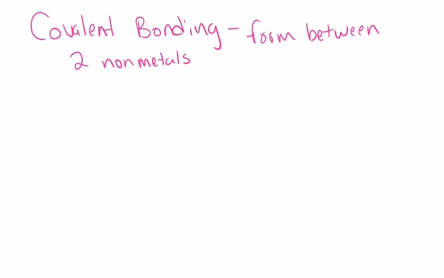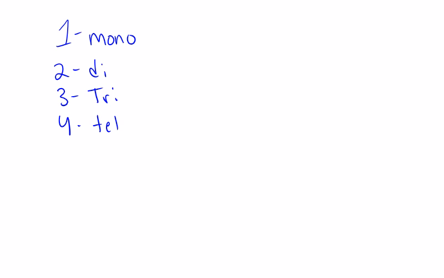Alright, so for covalent bonds, there are also a set of prefixes that we have to learn. These are more of the traditional prefixes that you should probably already know, where 1 is mono, 2 is di, 3 is tri, 4 is tetra, and then from here on out it's the same as it was with organic.